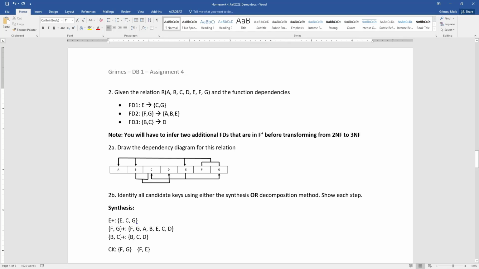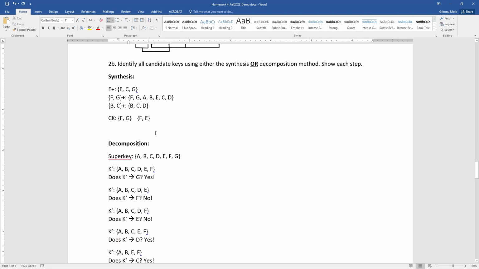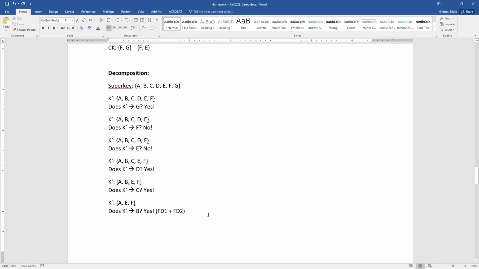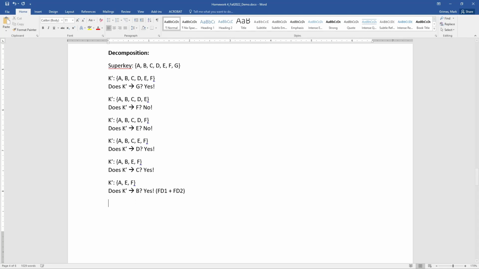Okay, so to determine B, we need F and G. But since we know E functionally determines G, through pseudo-transitivity, we can also say F and E together can determine A, B, E, right? So in this case, the answer is yes, and this is because of functional dependency 1 and functional dependency 2 together. So we don't need B in order for this to remain a superkey.